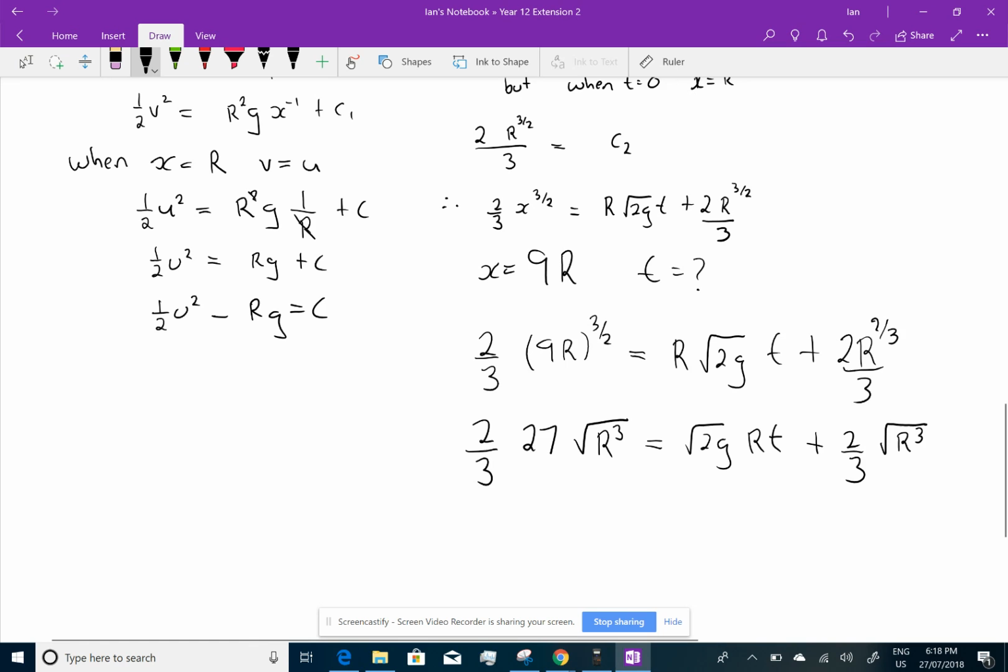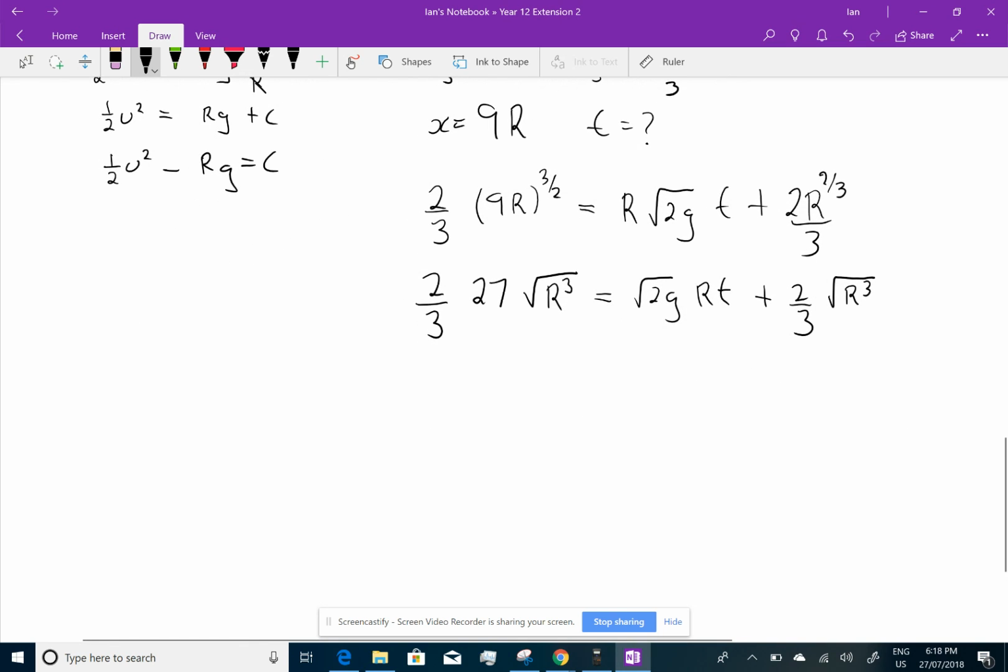Let's take that 2/3 r cubed over the other side. So I get 2/3 27 root r cubed minus 2/3 root r cubed equals root 2g rt.